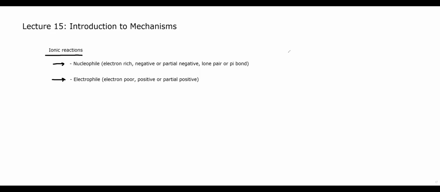So let's write some examples. An example could be an oxygen. So a lone pair on oxygen could be a nucleophile. It's electron rich, okay? It's a lone pair, and it could reach out to make another bond with something, okay?